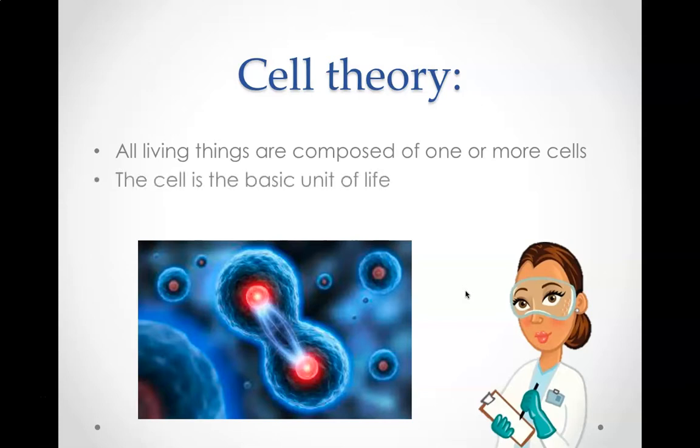The cell, like we said, is the basic unit of life, and all cells come from pre-existing cells. So this is kind of like what we were talking about in chemistry, how matter cannot be created or destroyed. Cells don't just pop out of thin air. All cells come from pre-existing cells that divide to make new cells.